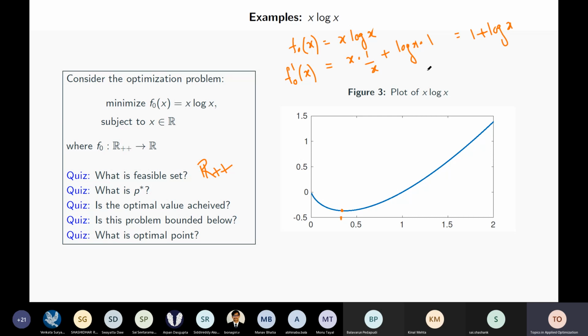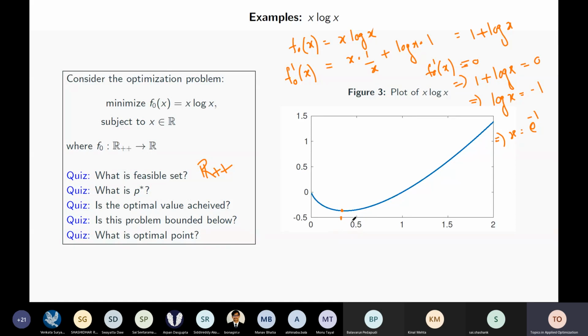To find critical points, f naught prime x is equal to 0. So this implies 1 plus log x is equal to 0. This implies log x is minus 1. This implies x is equal to e to the minus 1.